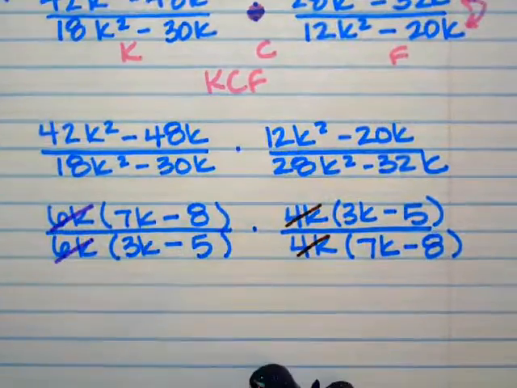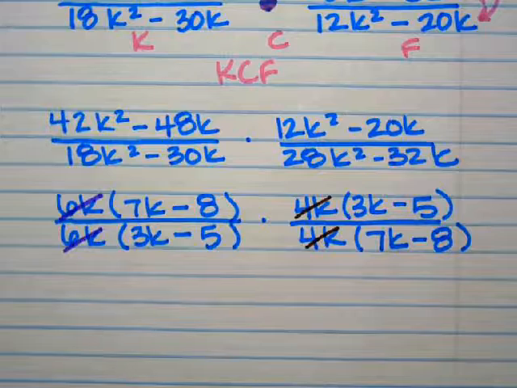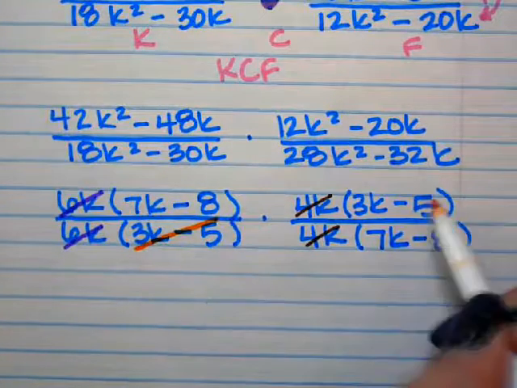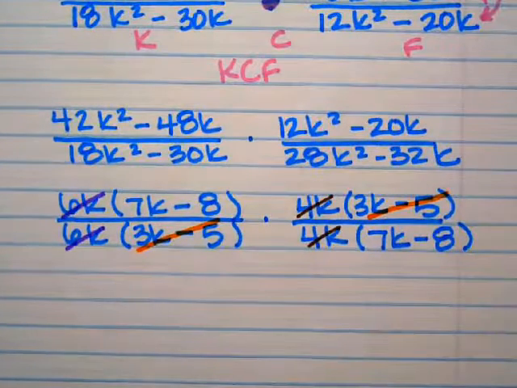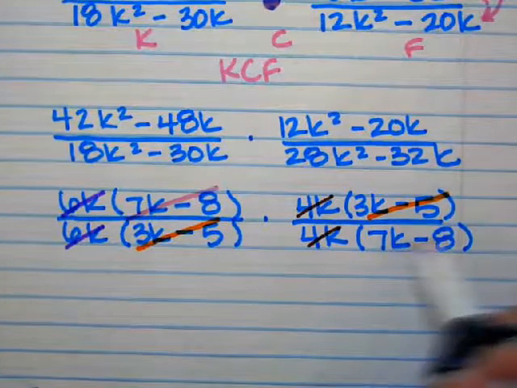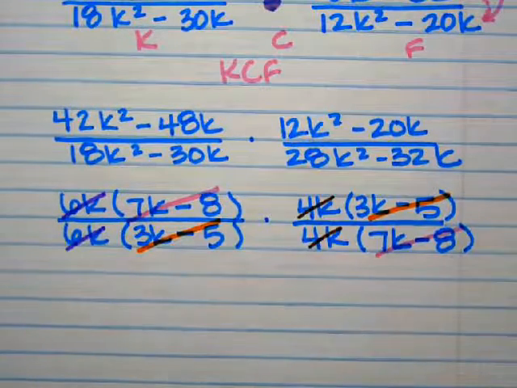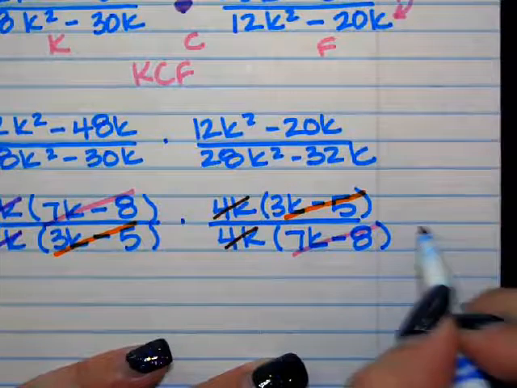What else? 3k minus 5 and 3k minus 5 divides to be 1. 7k minus 8 and 7k minus 8 divides to be 1. So if everything divides to be 1, then what's your end result? 1. So all of that just equals 1.